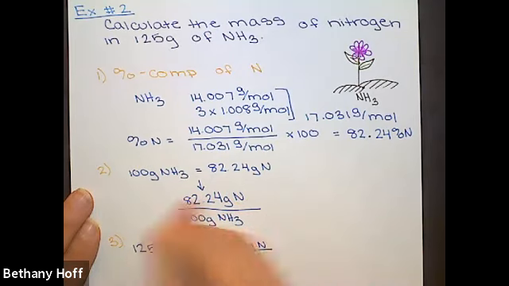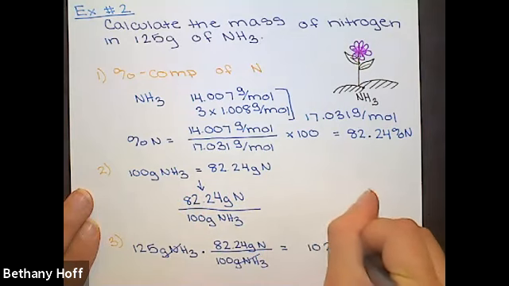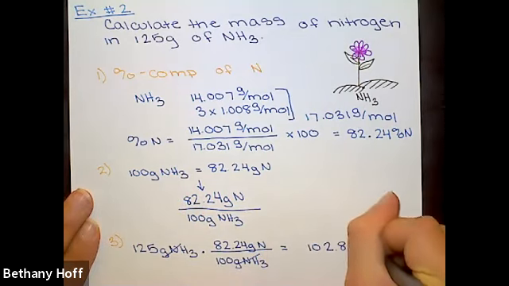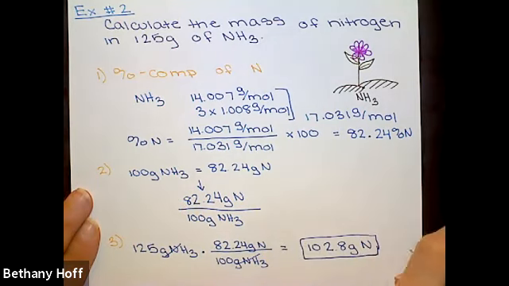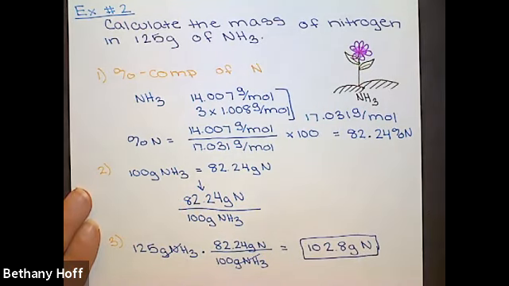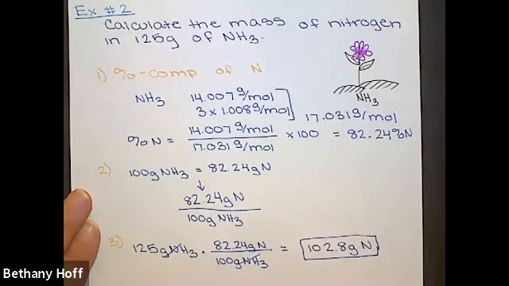Notice again that my units cancel out. That means that 102.8 grams is nitrogen. Now again, we could easily have calculated hydrogen, but the problem wasn't asking for hydrogen, so I only had to calculate my percent composition of nitrogen, and I only had to plug this in to solve for the mass of nitrogen. Didn't have to worry about hydrogen in this example at all.